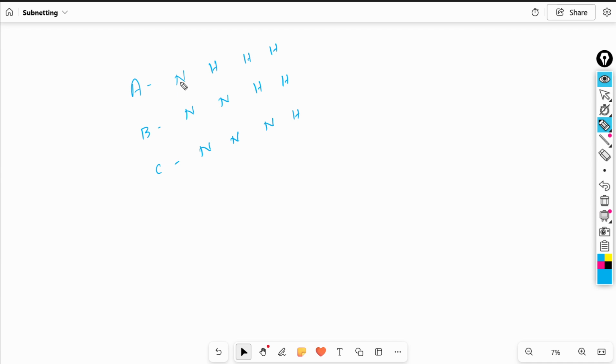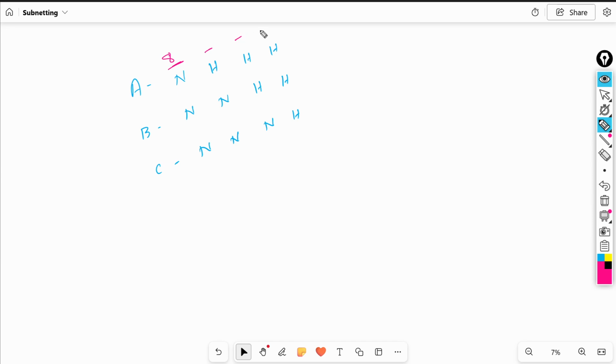In class A, we have one network portion and three host portions. In class B, two network portions and two host portions. In class C, three network portions and one host portion. One network portion equals 8 bits.